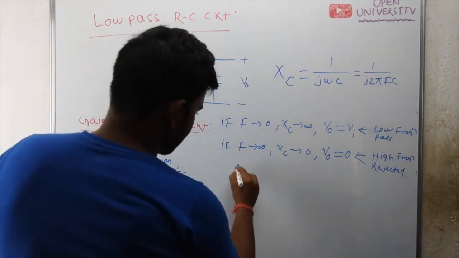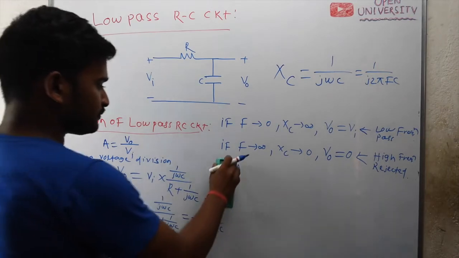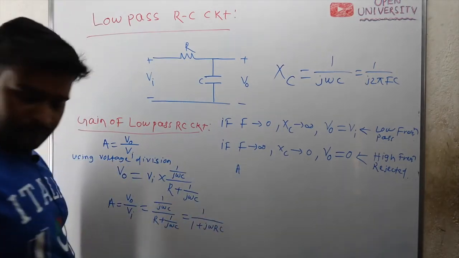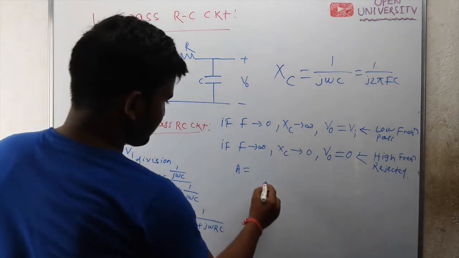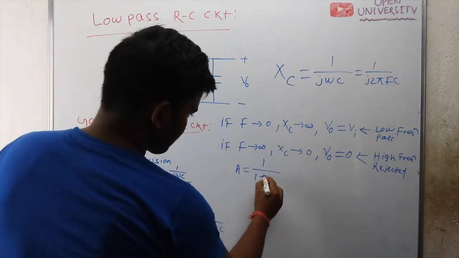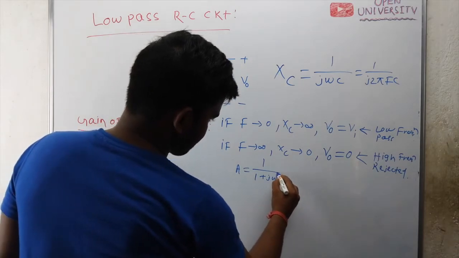So gain of your low pass RC circuit is 1 by 1 plus j omega RC.